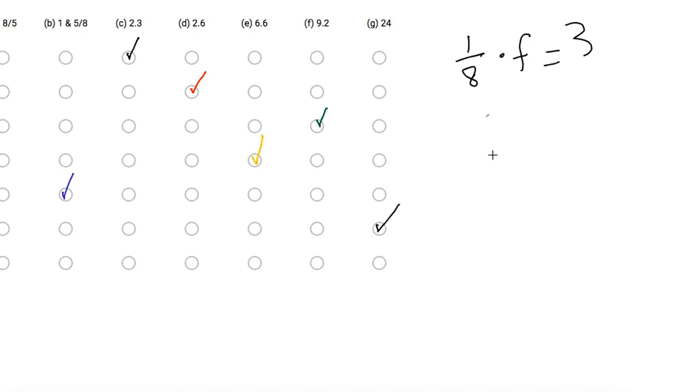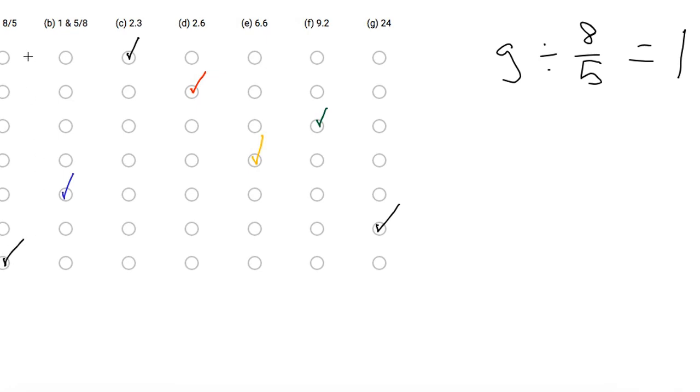So if we're doing g divided by 8/5, and we get 1, then our variable, or our solution, should be the same number, because any number divided by itself equals 1. So for 7, we should get 8 over 5.